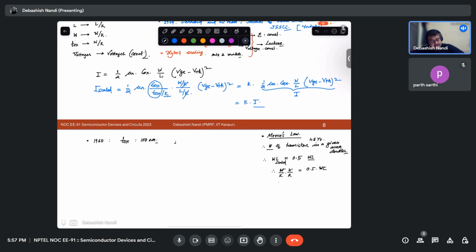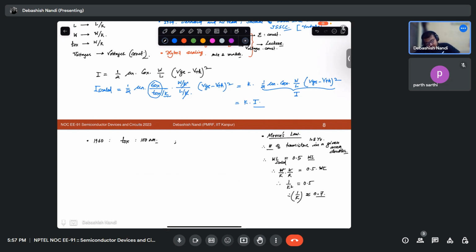If you cancel, 1 over K square will be around 0.5. So 1 over K, the scaling, would be around 0.7, right? Because 0.7 times 0.7 is 0.49, almost equivalent. So generally in every 1.8 years, your device dimensions are scaling down by a factor of 0.7.